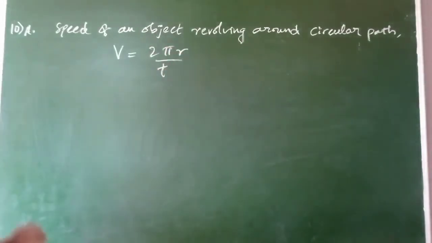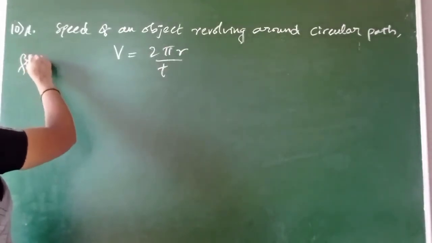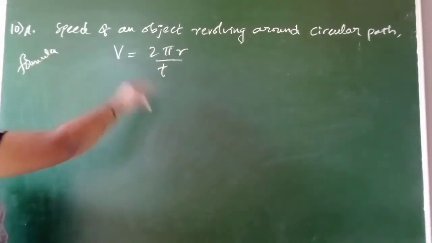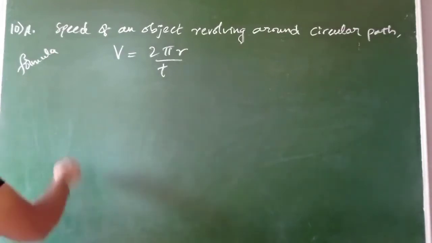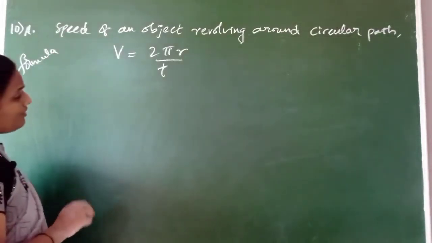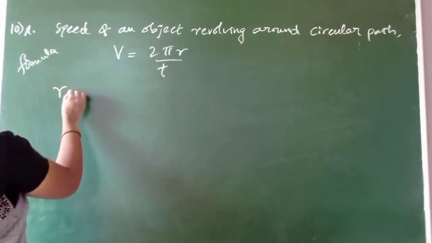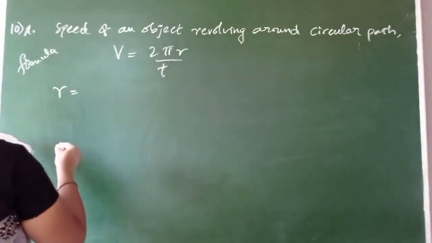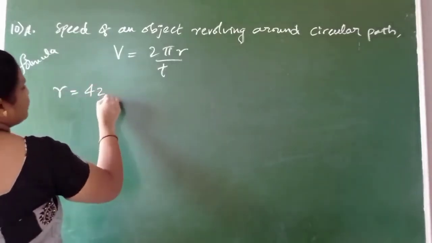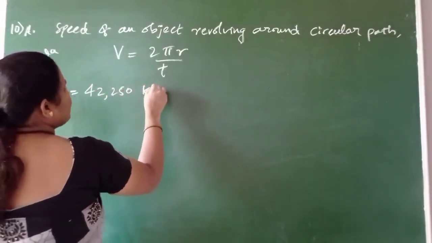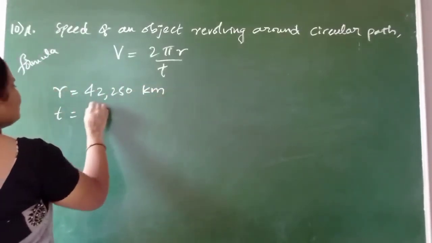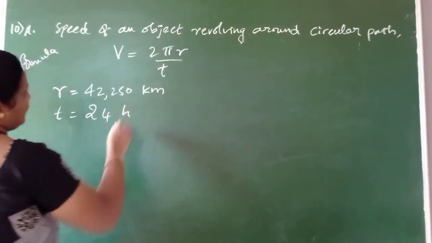This is the formula we have discussed in the uniform circular motion, isn't it, children? So now with this formula, what are the given data, children? The radius is how much? 42,250 km, and the time is what? 24 hours.